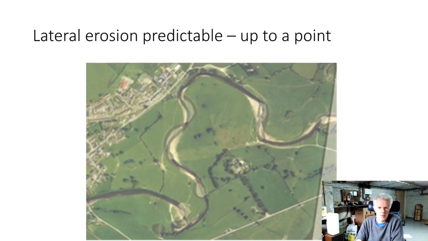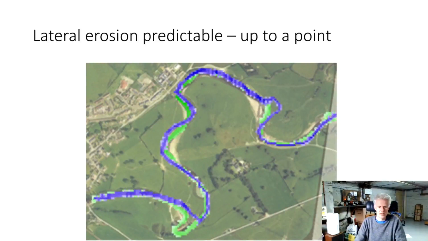Here's another example where we have lateral erosion in another bit of the River Severn in Wales, in CAESAR, and it's not double vision. It's where I've got opacity or transparency within two aerial photographs and draped them over each other. So we have two different pictures of where the river is, and we can model with CAESAR-Lisflood where the river changes really nicely up to a point, and then after a few years things start to not work so well.